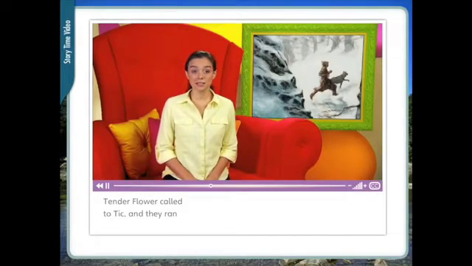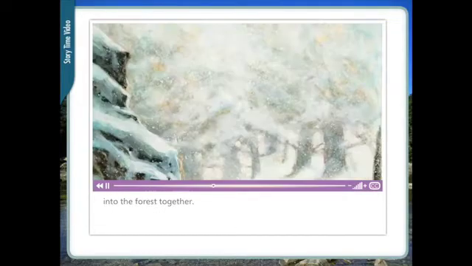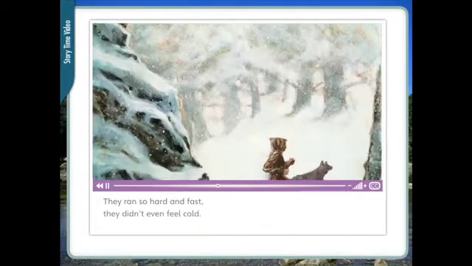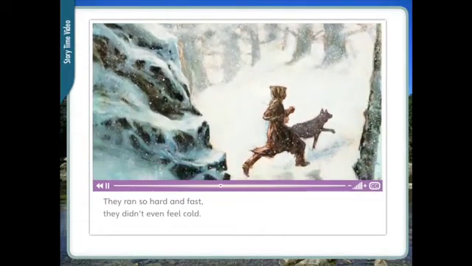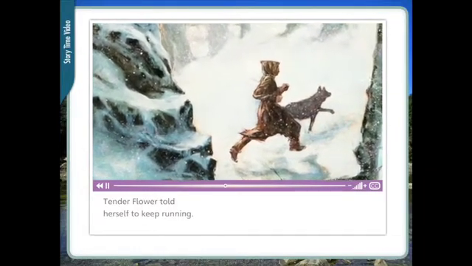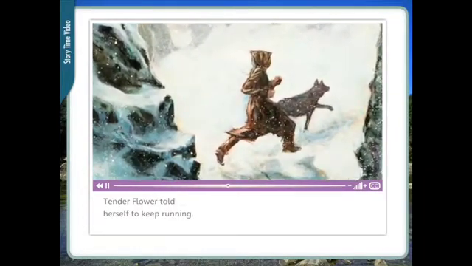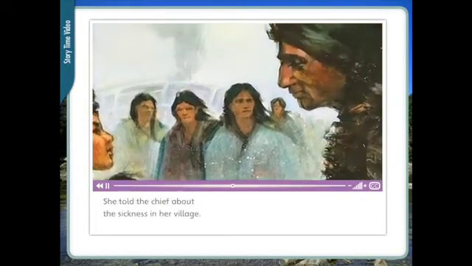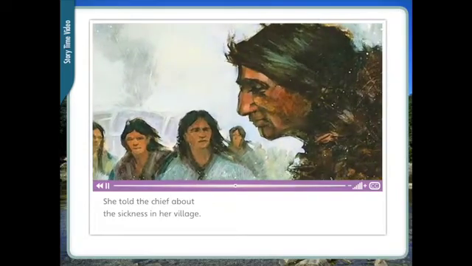Tenderflower called to Tick, and they ran into the forest together. They ran through the snow like forest animals. They ran so hard and fast, they didn't even feel cold. Although she was very tired, Tenderflower told herself to keep running. Soon, Tenderflower arrived at the other village. She told the chief about the sickness in her village.